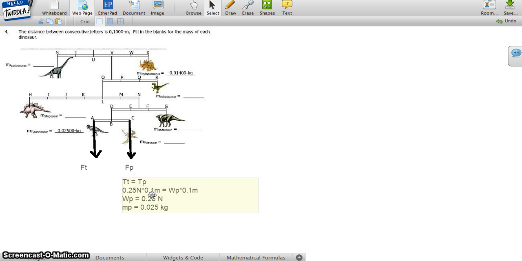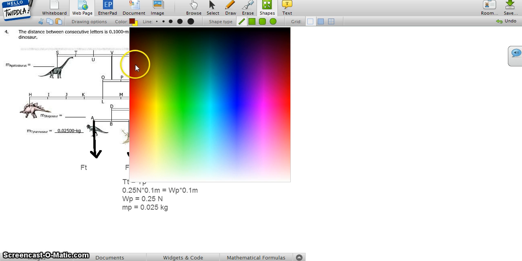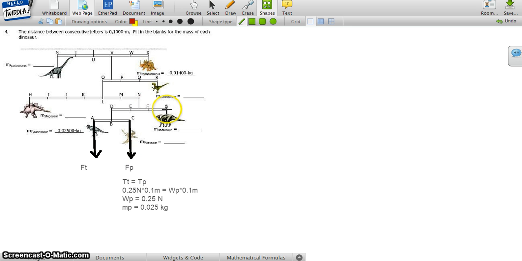Okay, so we have that one. Now we can move up a level to the hadrosaur's level. Once again, there's going to be a weight force from the hadrosaur this way. And there's going to be a weight force from this whole level here.